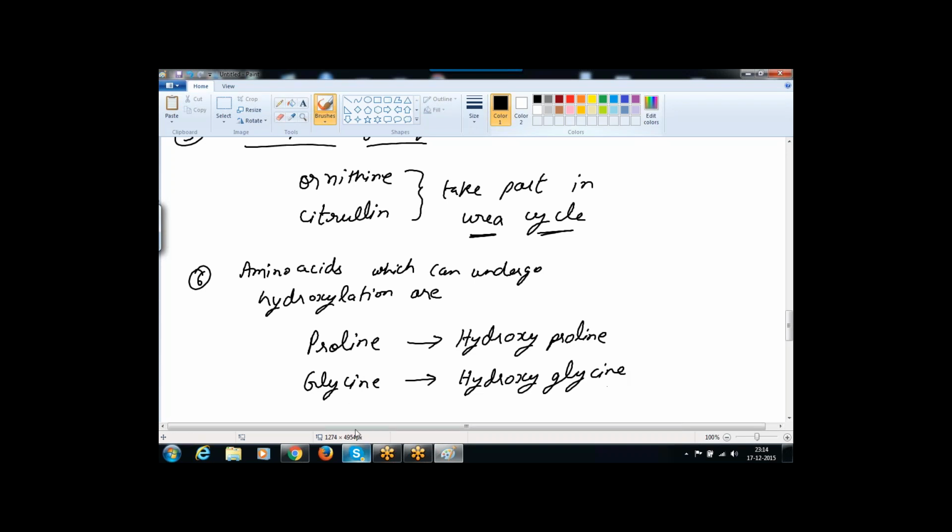And even lysine, that can become hydroxylysine. So that's all about the different types of amino acids, their classification.